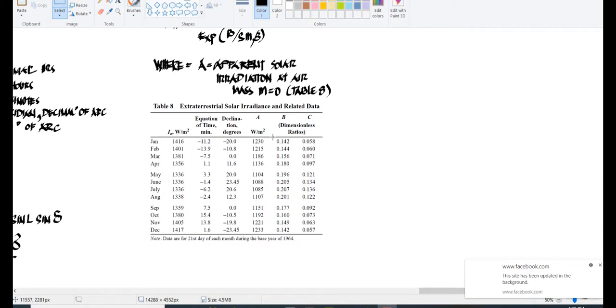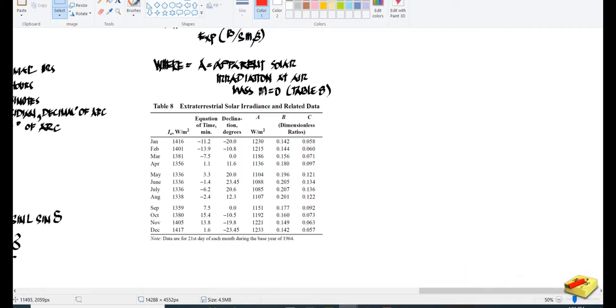Bringing down table 8, that will be the extraterrestrial solar irradiance and related data. We have your table 8. Then you will notice here the values of A, B, and C. B and C are dimensionless.